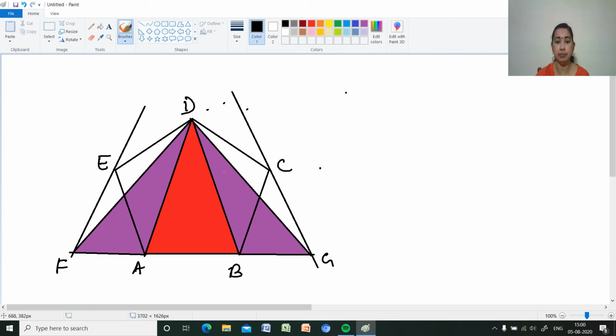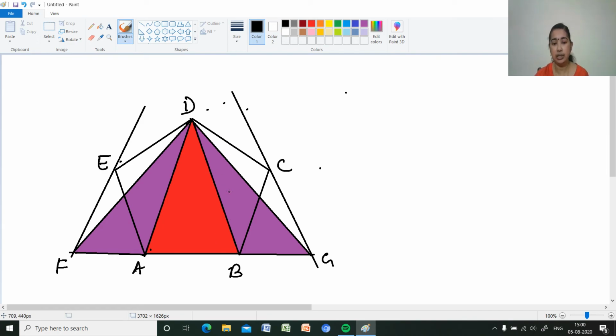Both these triangles have the same area, that is AFD and AED have the same area because they are under the same parallels and have the same base AD. In the same way, if BD is the base, then BCD and BGD have the same area and the same base.